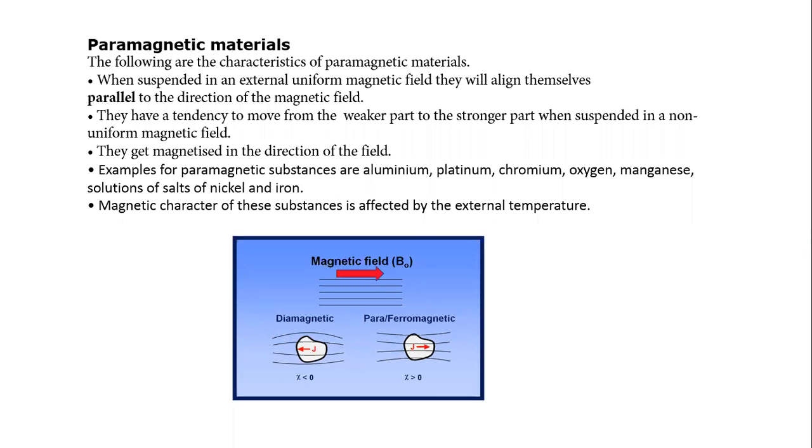The magnetic character of these substances is affected by the external temperature. So they have given here the diamagnetic and the paramagnetic or ferromagnetic.